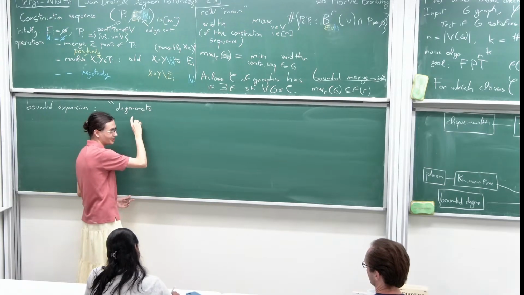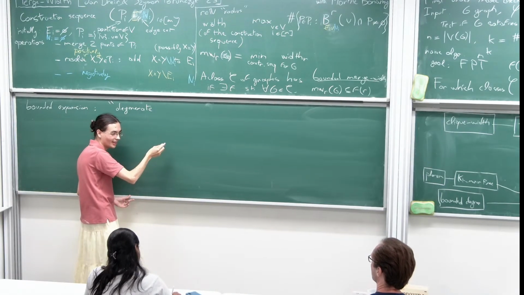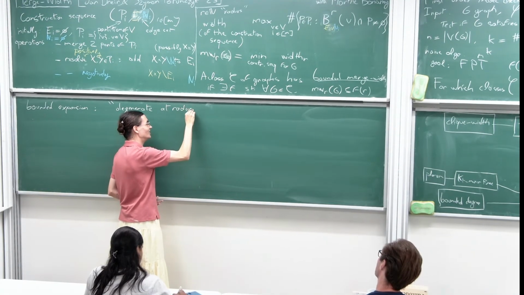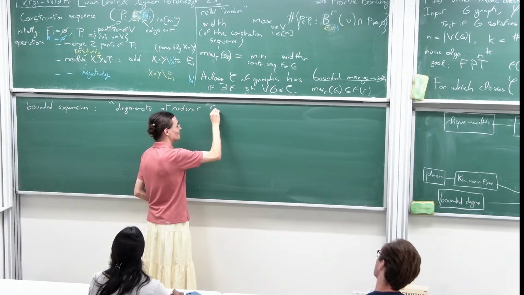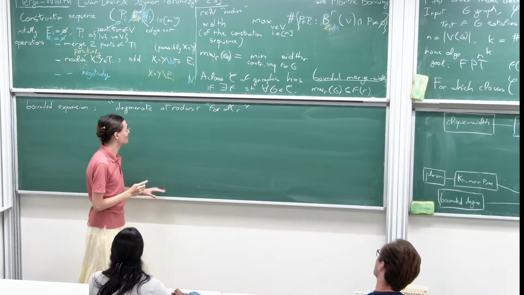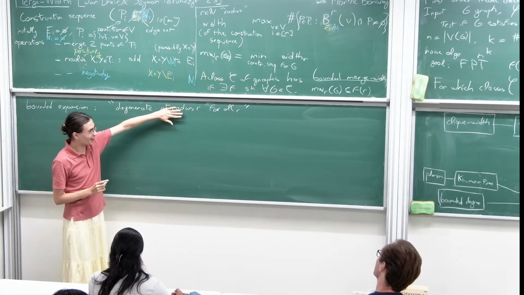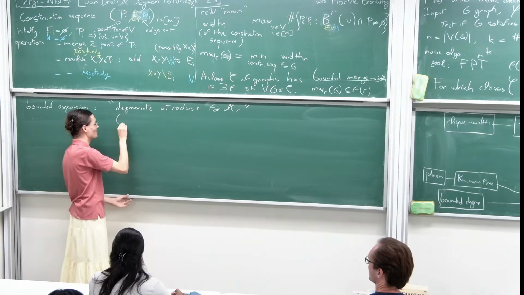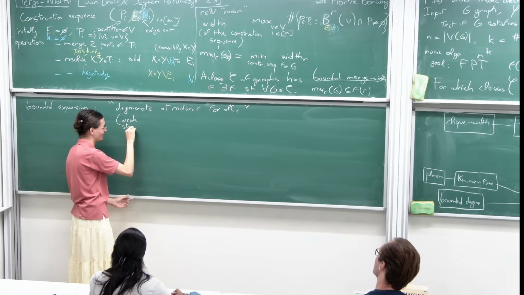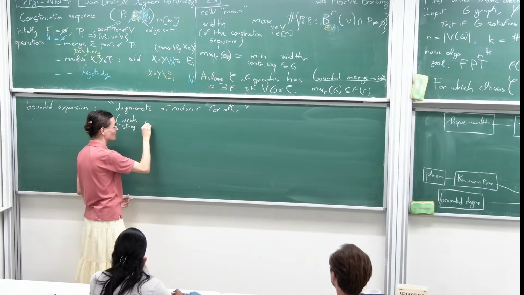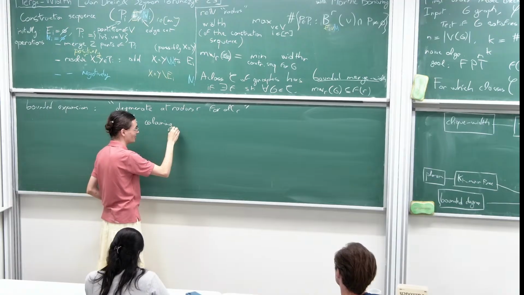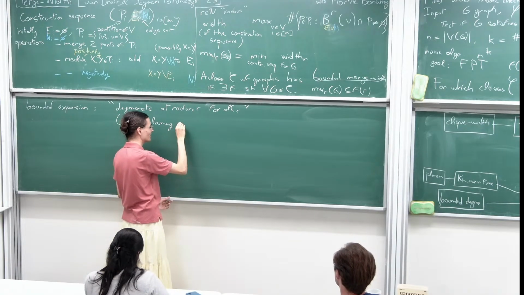You are not just degenerate, you are degenerate at radius r, for all r. Degenerate at radius r, the actual name is something called weak or strong, there are two variants, coloring numbers. But these are really the good generalization of degeneracy.